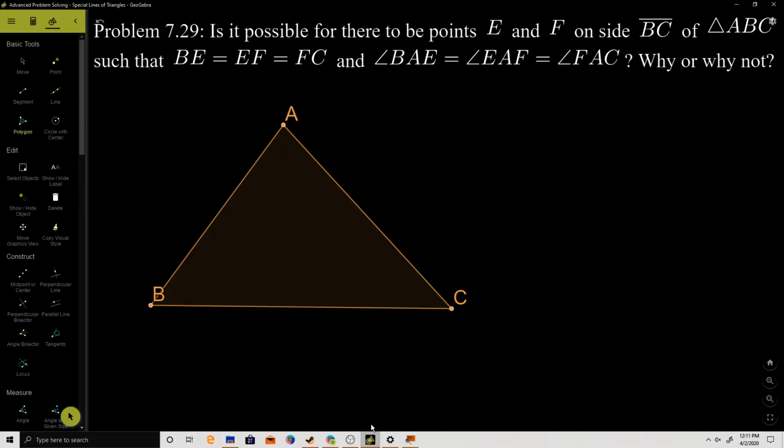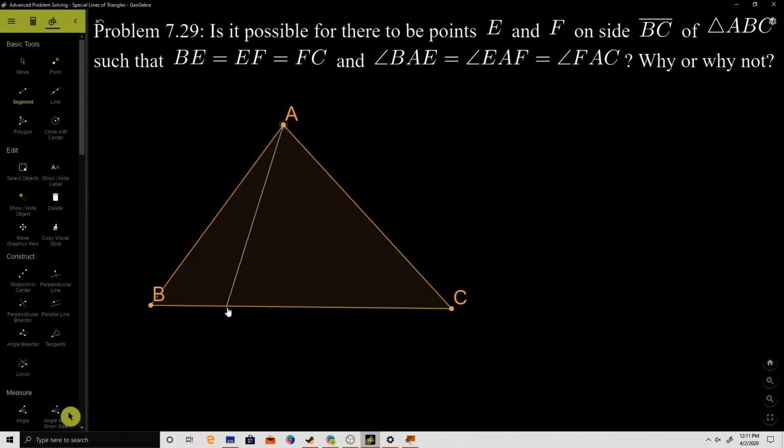And from there, seeing that we have these segments that are all the same, BE equal to EF equal to FC. So starting at B, then we have a point E, a point F, then C. So it's basically cutting BC into thirds.